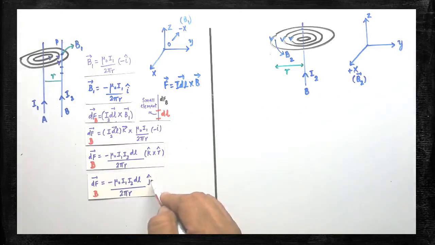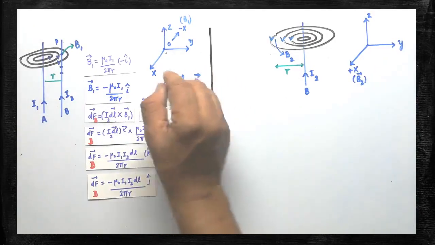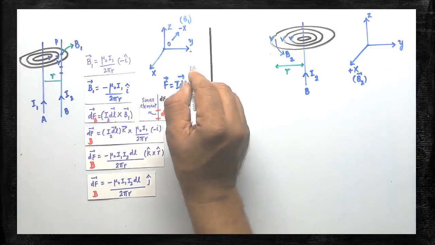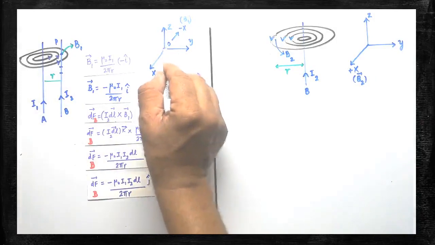What does that J cap indicate? J cap indicates that the small force exerted on the small element in B is acting towards the Y direction. Are you clear? That's why this is written as J cap. Minus J cap is there. Since it is minus J cap, it shows that it is acting in the negative Y direction.